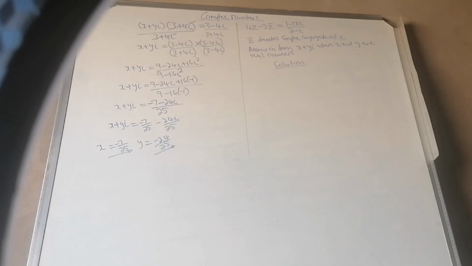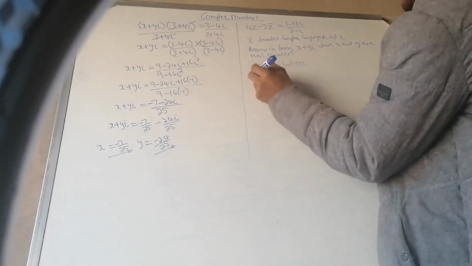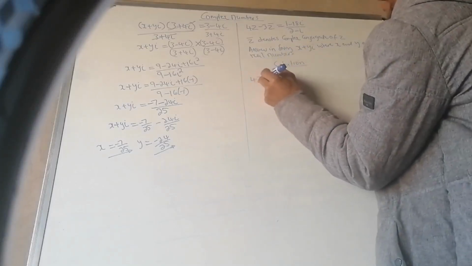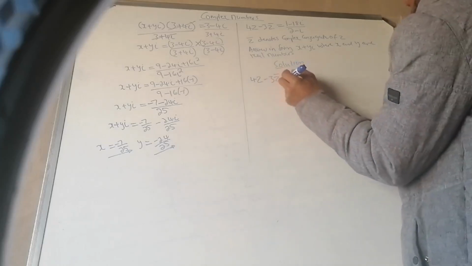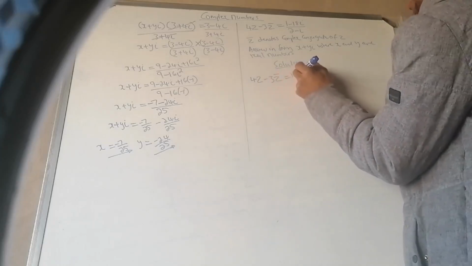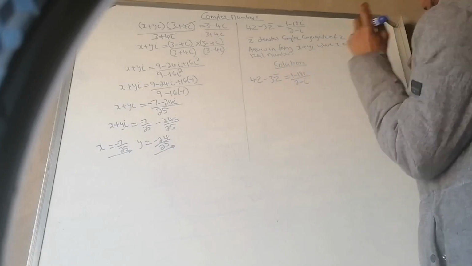Now, somebody can look at that and say, okay, that's fine. The problem is being given to us. So how are we going to rewrite that? Now, I know that I have 4z minus 3z-bar equals (1 - 18i) divided by (2 - i).